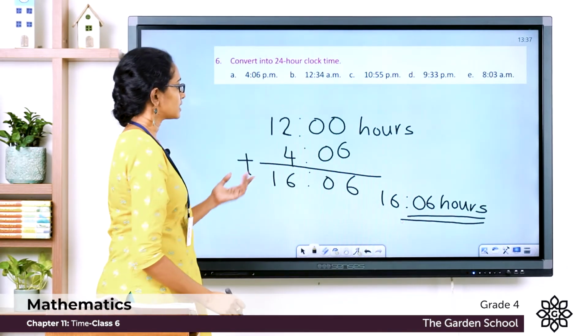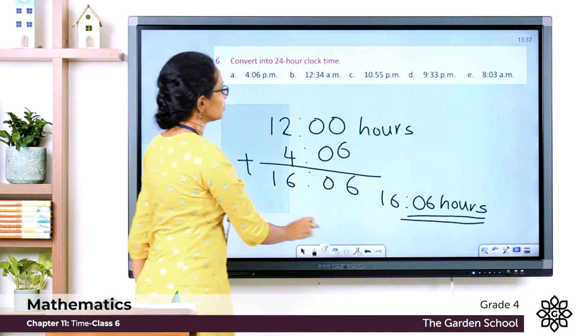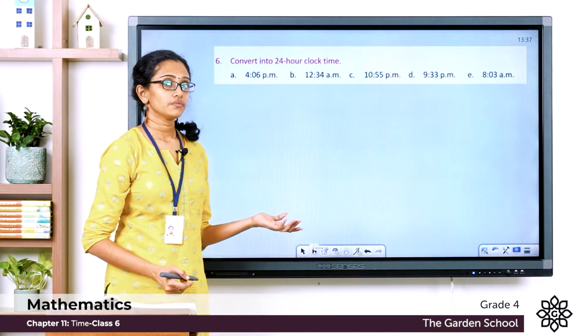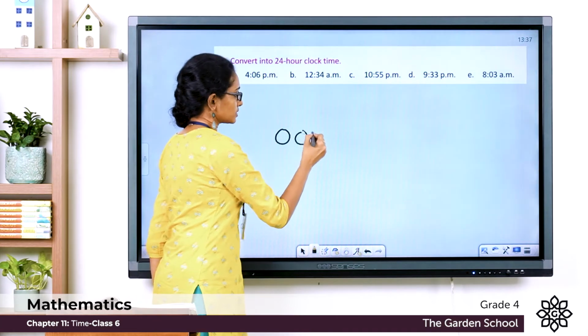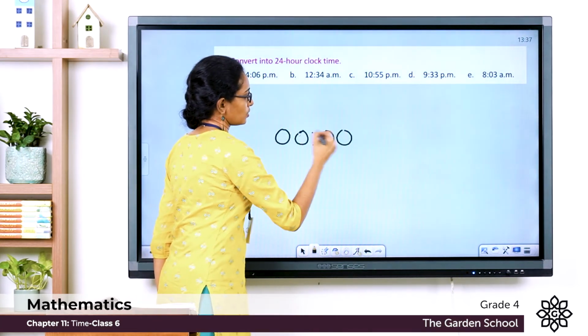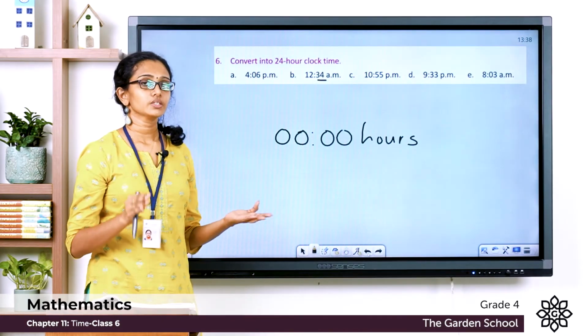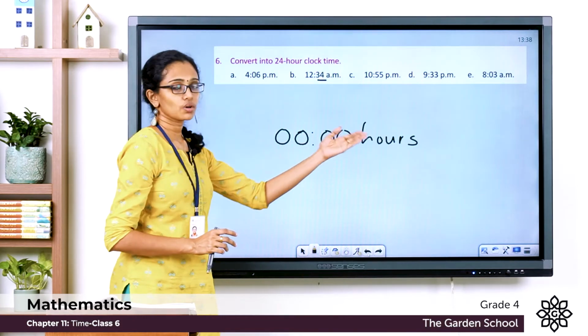Now what about the next question? So the next question, question B, is 12:34 a.m. So in the 24-hour format, 12 in the midnight is written as 00:00 hours. So in the 24-hour format, 12 in the midnight means 00:00 hours.